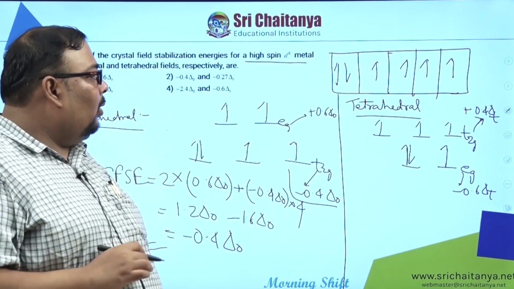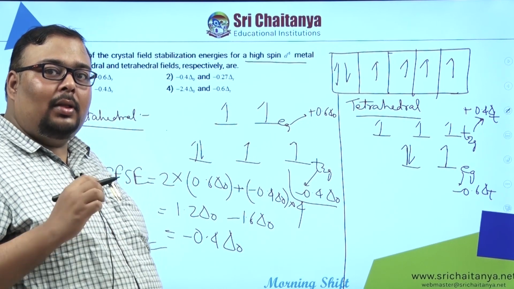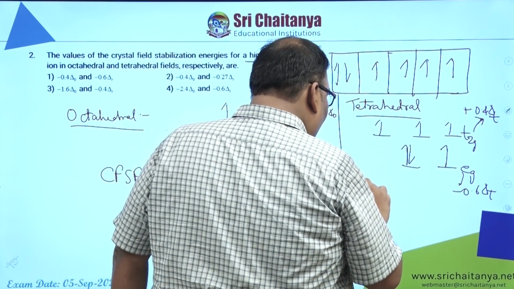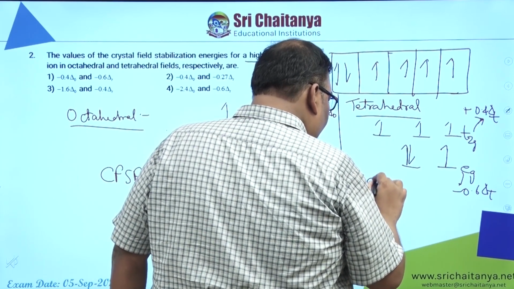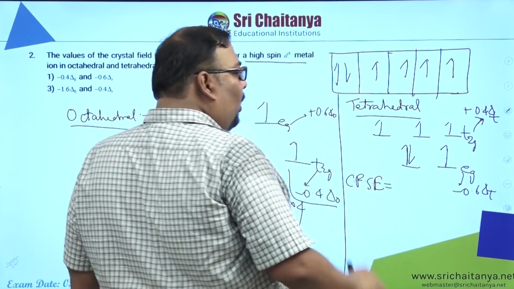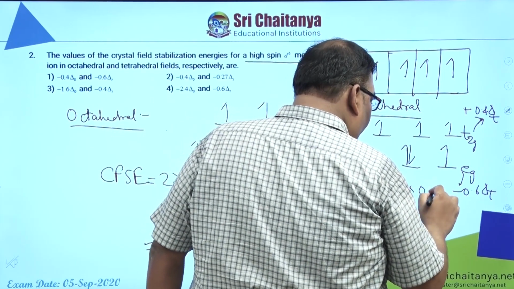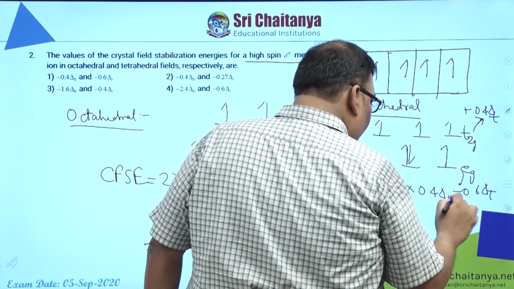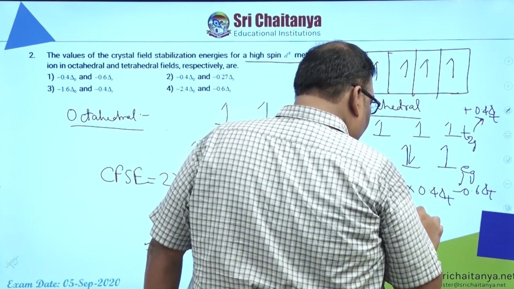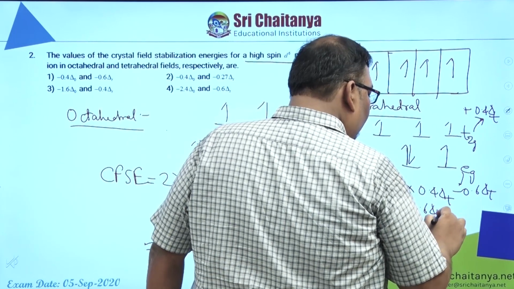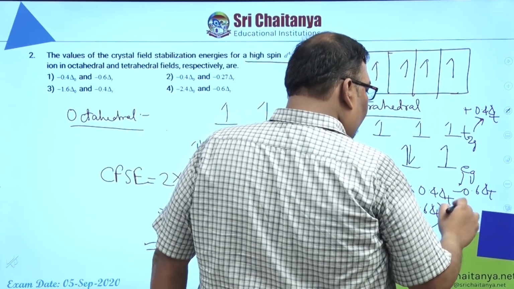Now you see you have 3 electrons in T2G and 3 electrons in Eg. So the CFSE calculation will be something like this. It will be 3 into 0.4 delta T plus minus 0.6 delta T into 3.